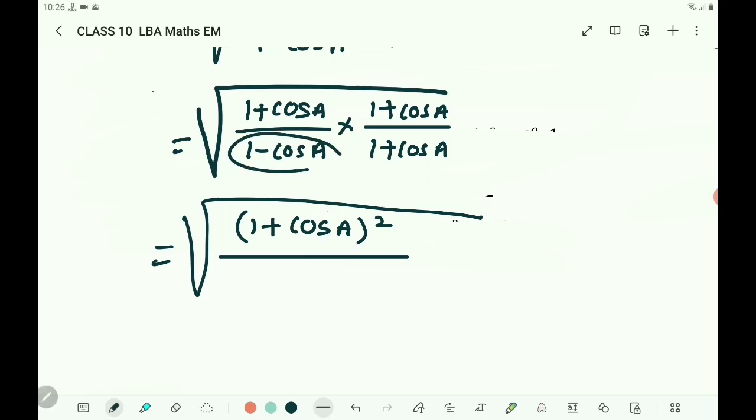So the product of 1 minus cos A and 1 plus cos A is 1 square minus cos square A.